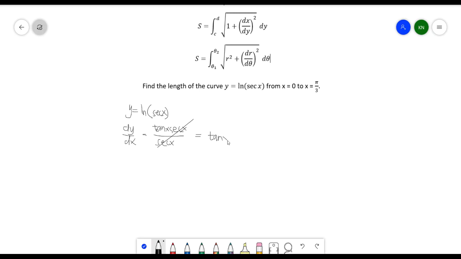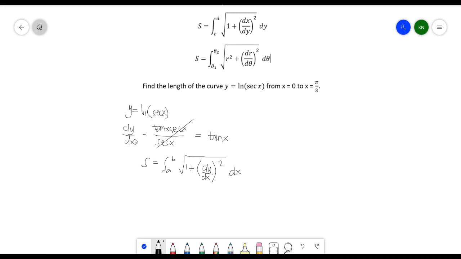So meaning to say our dy over dx is equivalent to tan x. From that, we can already use the equation s equals the integral from a to b of the square root of 1 plus the square of dy over dx, or the derivative of our function, and we have the dx.